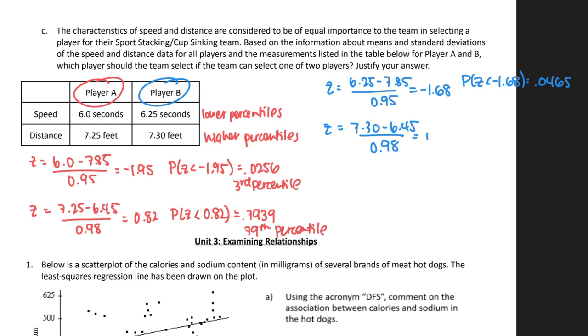That gives me 0.87. And in terms of a percentile, that gives me 0.8078. So this is the 5th percentile. And this is the 81st percentile.